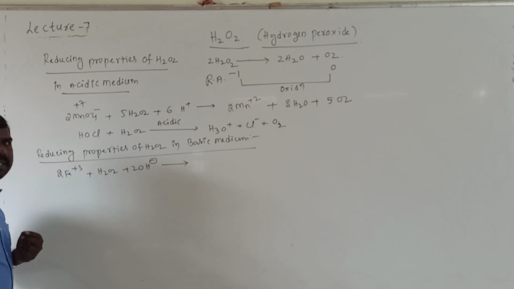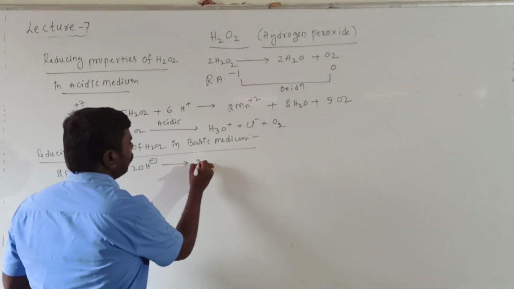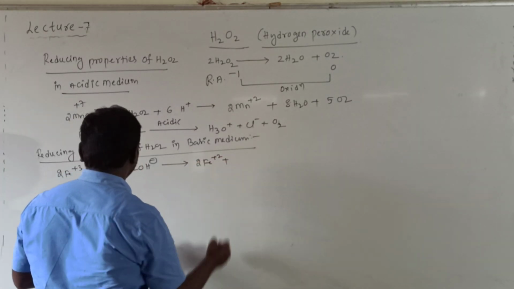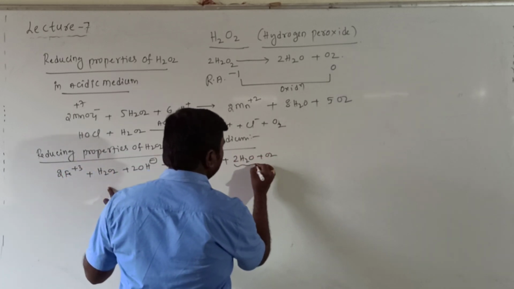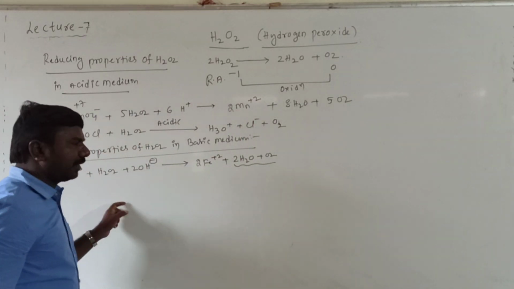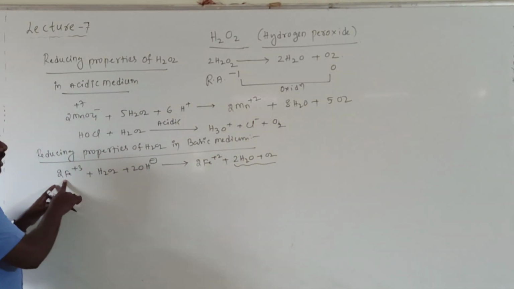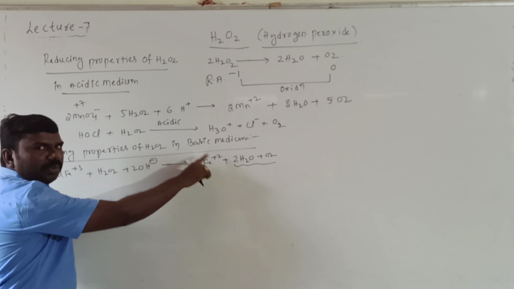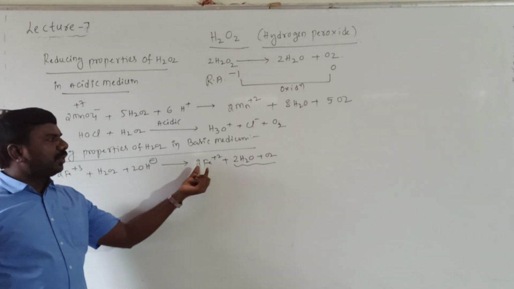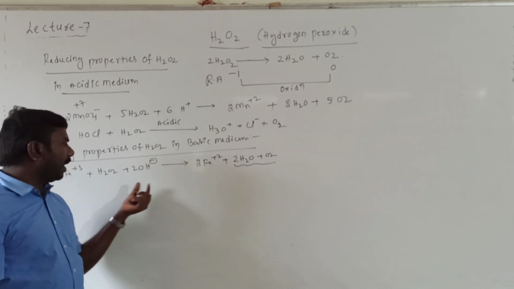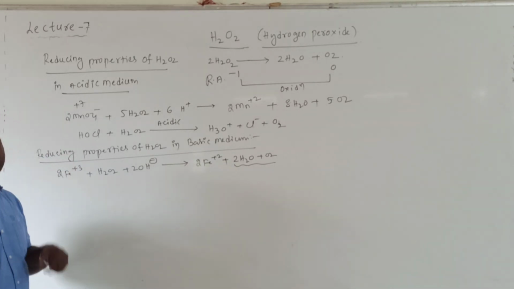OH minus means basic medium. Then it gives 2Fe plus 2 plus 2H2O plus O2, which means reducing agent. Fe plus 3 to plus 2, decrease in oxidation state is reduction. Ferric is reduced to ferrous by H2O2, reducing agent.